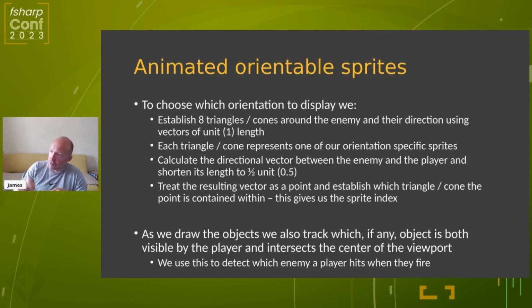And then you treat that vector as a point, and you figure out which of the triangles that point fits within. And again, it's really fascinating doing these things. I came across something called barycentric coordinates, which I've never come across before, which is a way of describing triangles and triangular spaces, and you use that to detect which triangle the point is in.